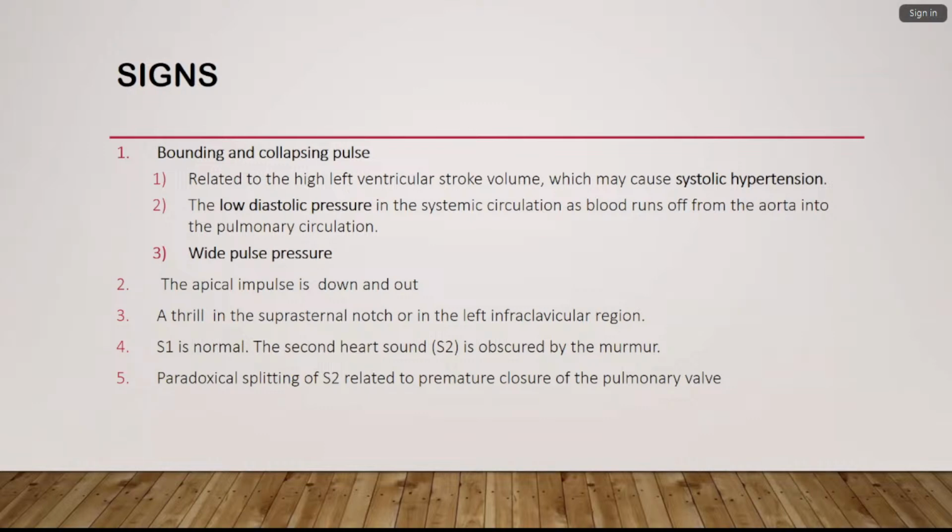Hence, there is a wide pulse pressure, which is usually more than 25 mm of mercury. The apical impulses are also down and out. A thrill in the suprasternal notch or in the left infraclavicular region is palpable. The second heart sound is obscured by the murmur, and there is also paradoxical splitting of S2.